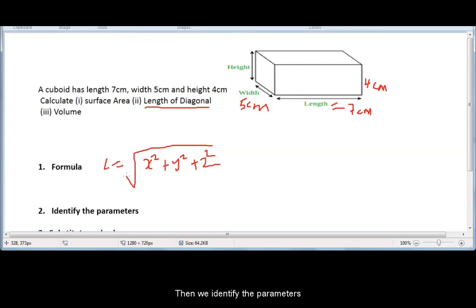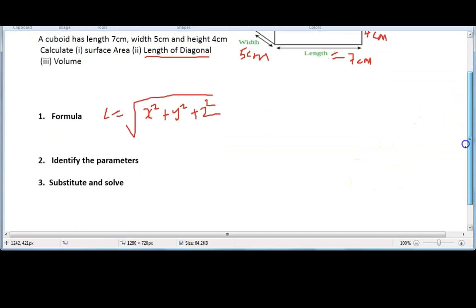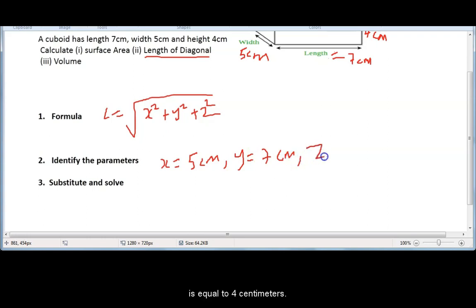Then we identify the parameters. The parameters are the same. X equals to 5 centimeters, Y equals to 7 centimeters, and Z is equals to 4 centimeters.